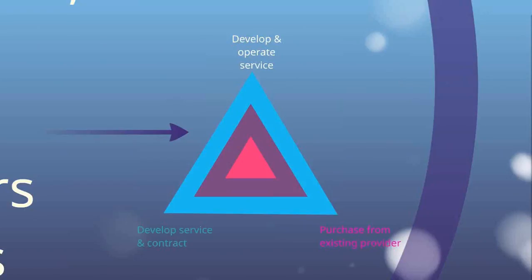So some CMHs provide a lot of services. Other ones provide very few, and so these options are exercised by CMHs all across the state. But it's just important to know what would be best for you.